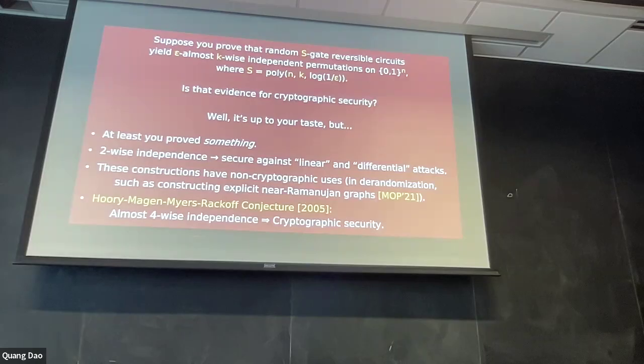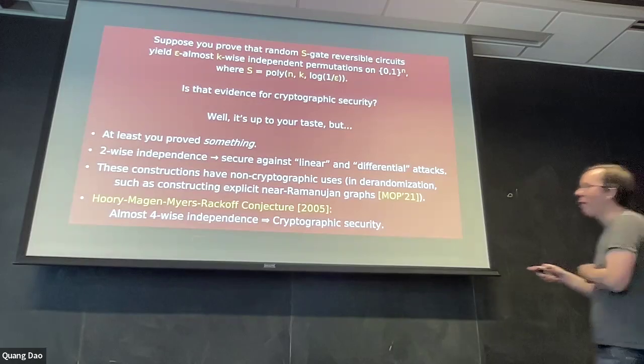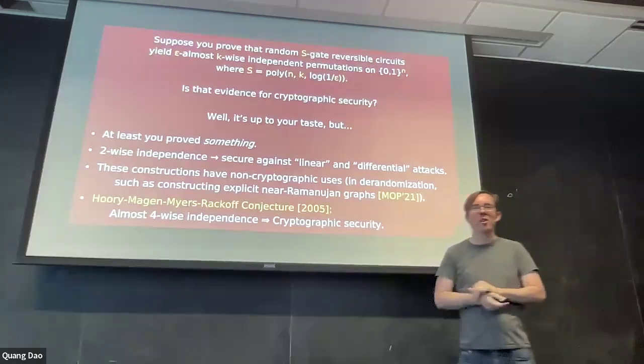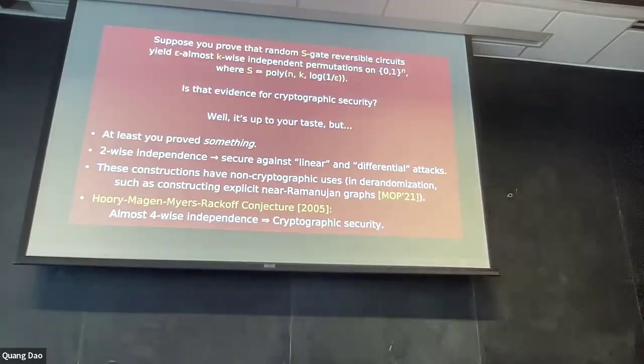So maybe the conjecture was missing something relative to what we know today. Yeah, maybe. I'm not saying I believe this conjecture. But for example, it's not known how to get explicit exactly four-wise independent permutations. Perfectly. Yeah. But of course, perfect is asking too much.